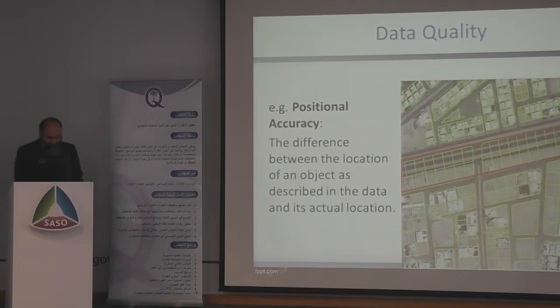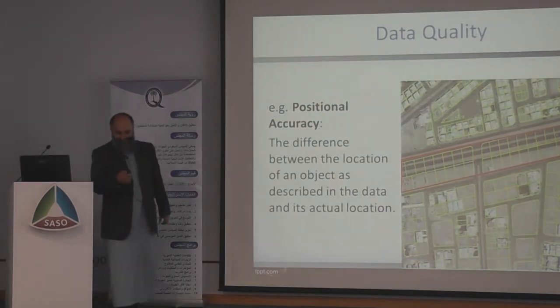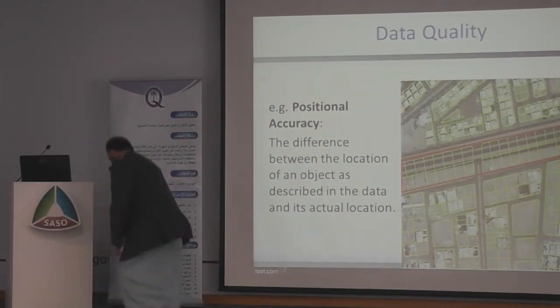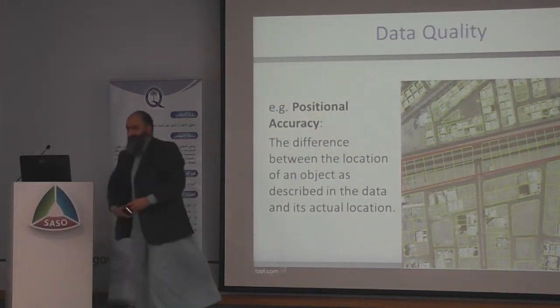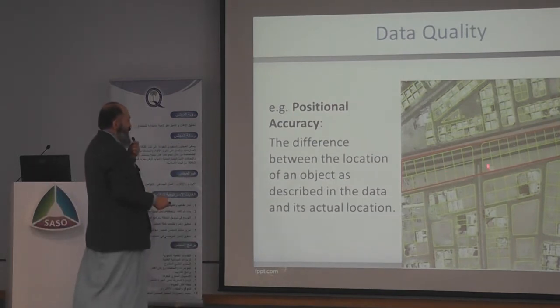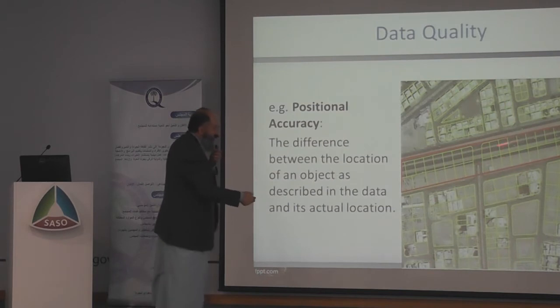So in this example, what do we see? Who is a precise person here? Who has good eyes? Some people on the left, parts of the land is on the street. Thank you very much. Part of the land is on the street. Yeah? So there's a problem here. This is supposed to be lands, but it's on the street.